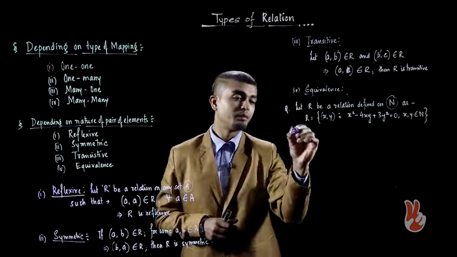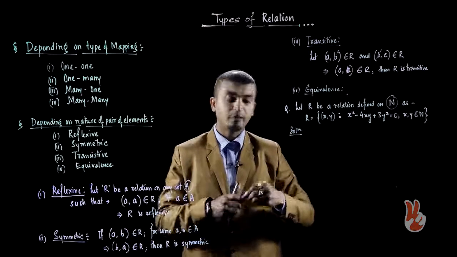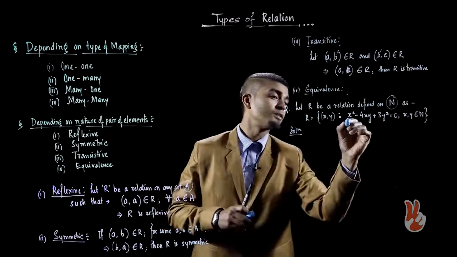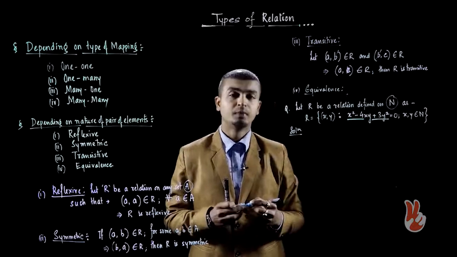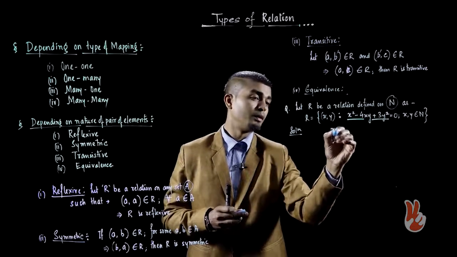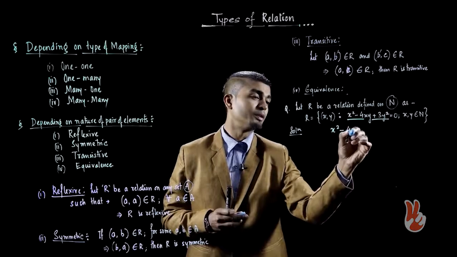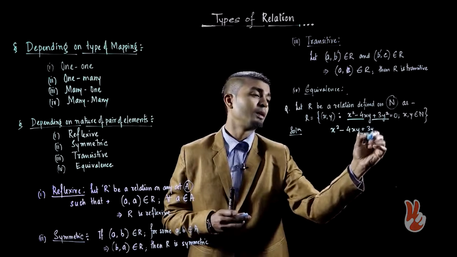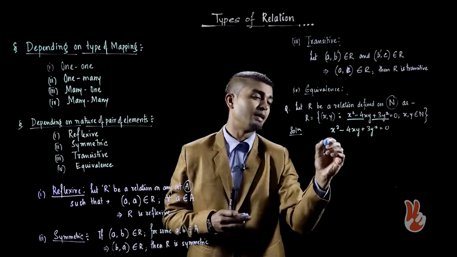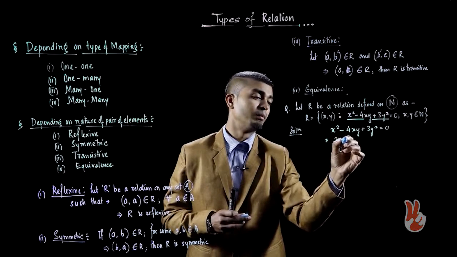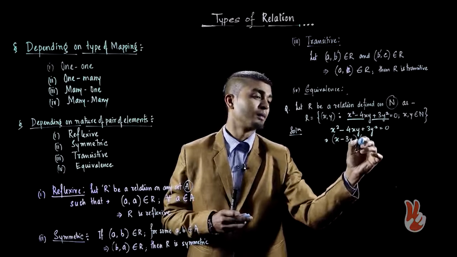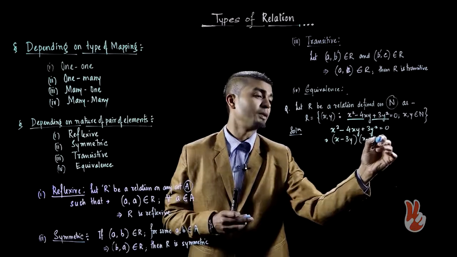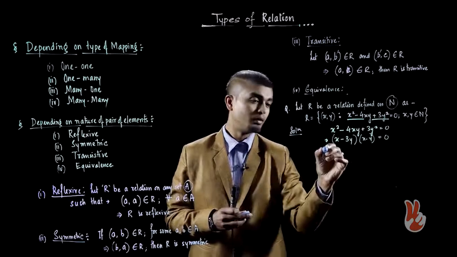So, solution: if I solve this guiding equation, then I will get the factors as (x − 3y)(x − y) = 0.